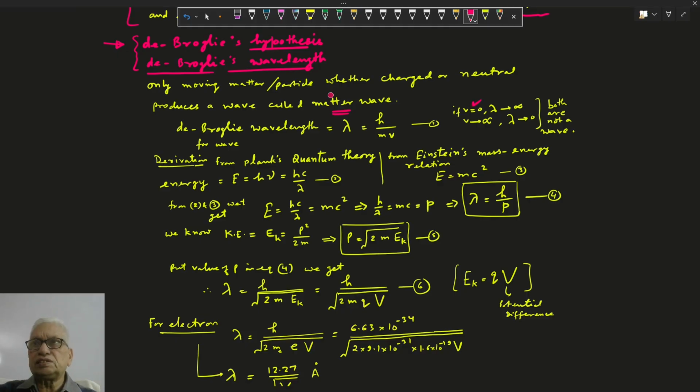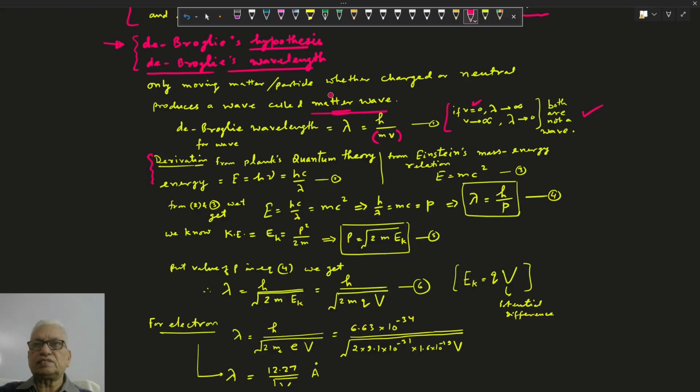If velocity is 0, wavelength becomes infinite. If velocity is infinite, wavelength is 0, but both cases are not wave. It means v cannot be 0 and cannot be infinite, so v must be finite. Only finite moving particles can produce a wave, whether charged or uncharged. When a neutral particle is moving, it is producing the wave.